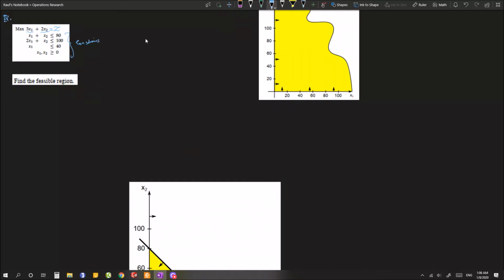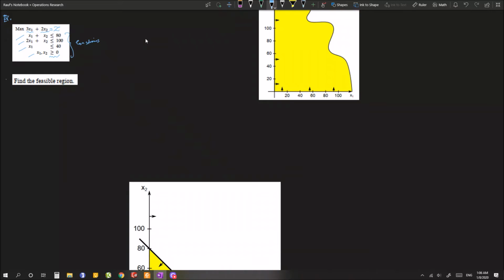So those are the constraints. First constraint, x1 plus x2 less or equal to 80, 2x1 plus x2 less or equal to 100, x1 less or equal to 40, and x1 and x2 are positive values.